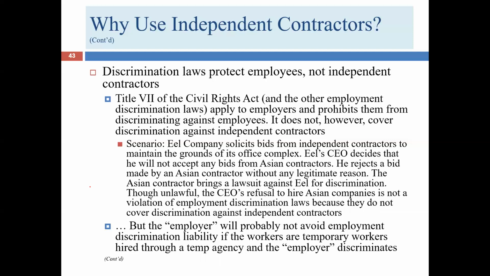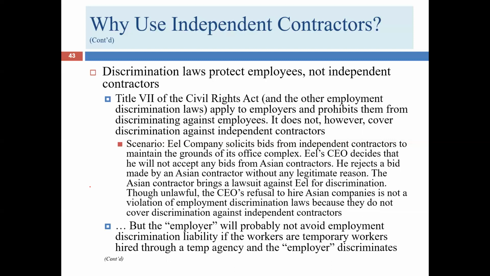There are other laws that do prohibit some discrimination, but they are more difficult to enforce, and they're somewhat more tricky to manage. So usually an independent contractor is not going to be as successful advancing a discrimination claim as an employee might.